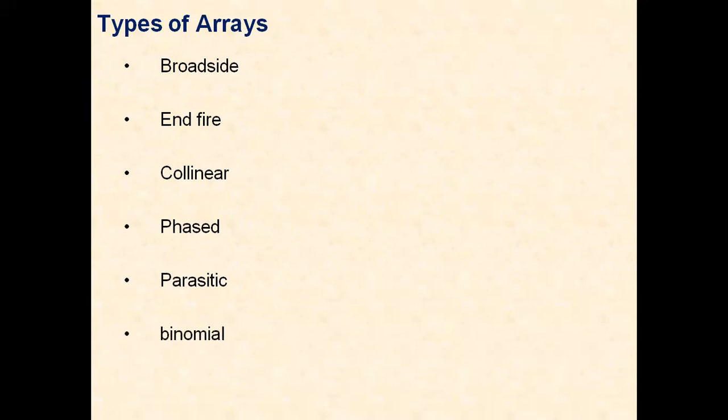There are various types of arrangements of these individual antenna elements. The first type of antenna array is the broadside, next end fire, then collinear arrays, phased arrays, parasitic elements, and binomial arrays.